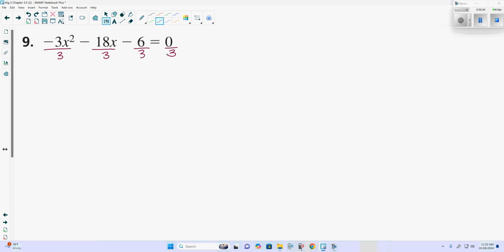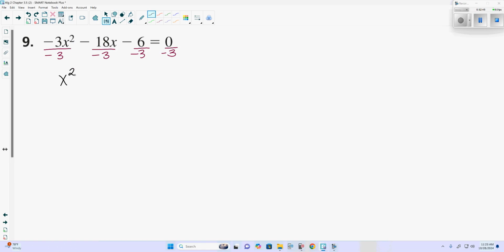It has to be negative 3, because our first step in completing the square is a equal to 1. Specifically, we're talking about positive 1. We cannot have the number in front of x squared be negative.